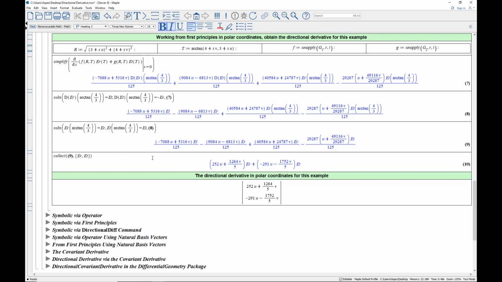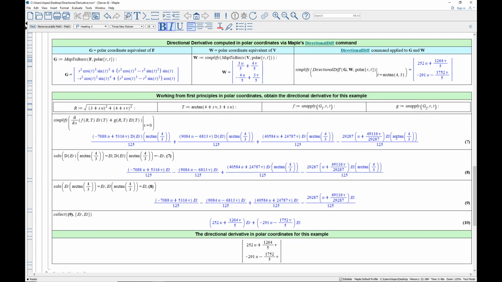Let's collect with respect to the basis vectors. We have this component with respect to ER and this component with respect to E theta. If we write it as a column vector, this is the first component, this is the second component. It is exactly what we got up here. So you can do this working from first principles. It does work, and it gives you the right answer.